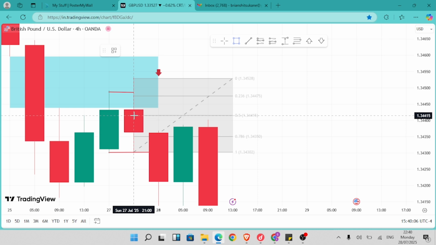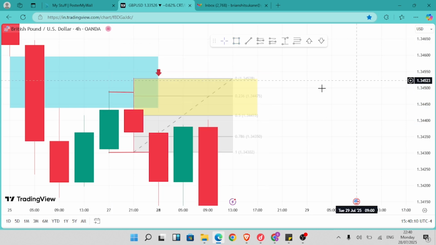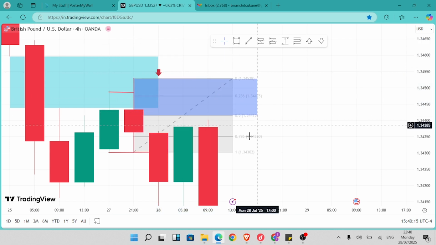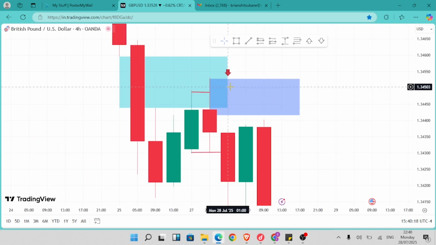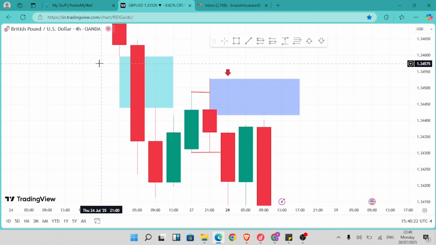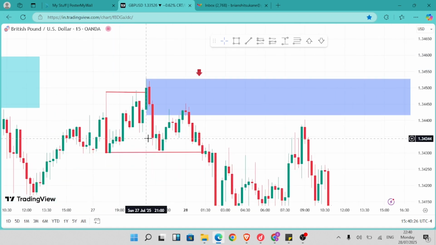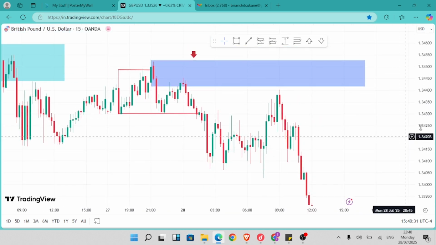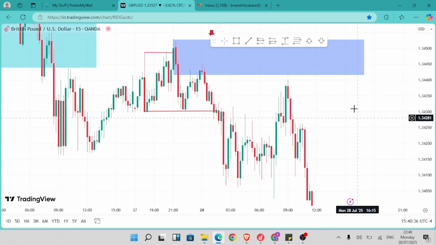This gave us a dealing range. We want price to retrace into this premium. Let us see what happened in the lower time frame. So going to the 15 minutes, what do we see? Actually, this would have given a setup. I just missed out on it.